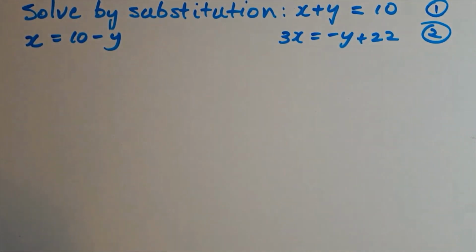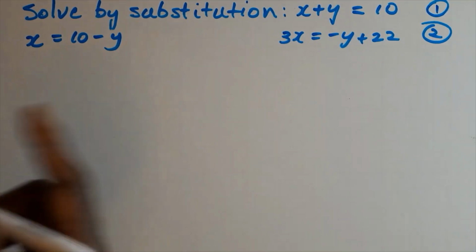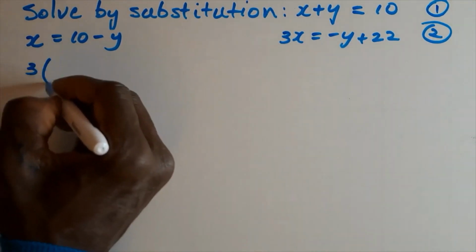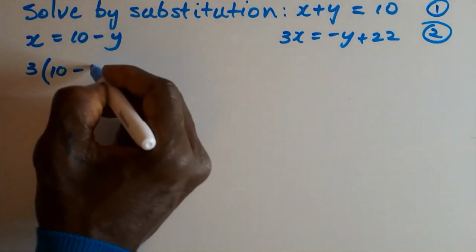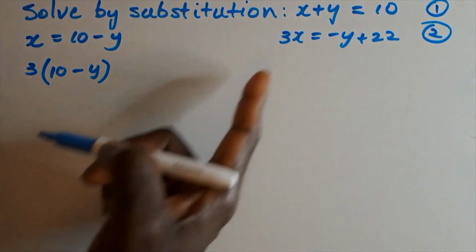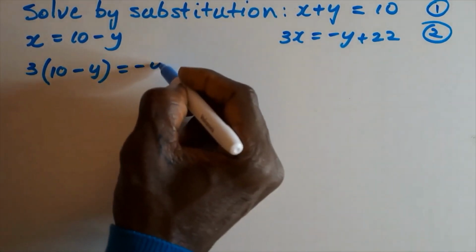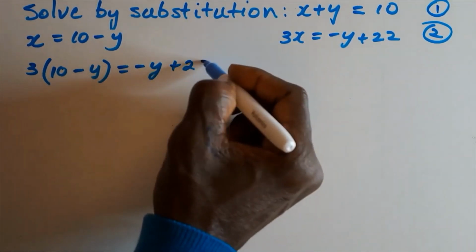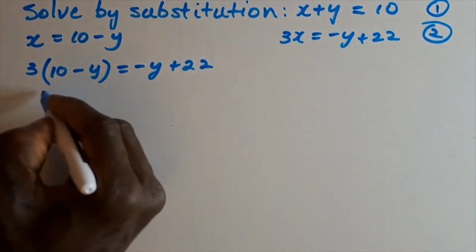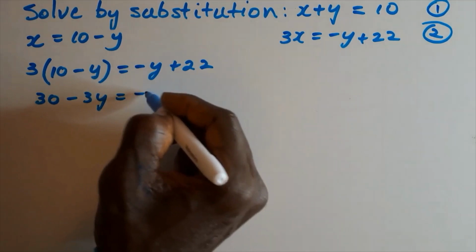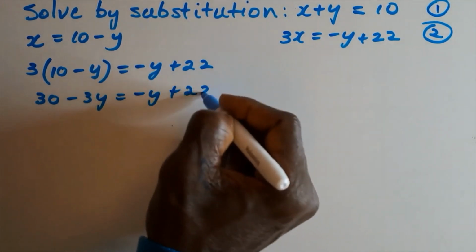So we now know the value of x, and in equation 2 we can write that 3 times (10 - y). Instead of 3x, we have 3 times (10 - y) is equal to -y + 22. This gives us 30 - 3y is equal to -y + 22.